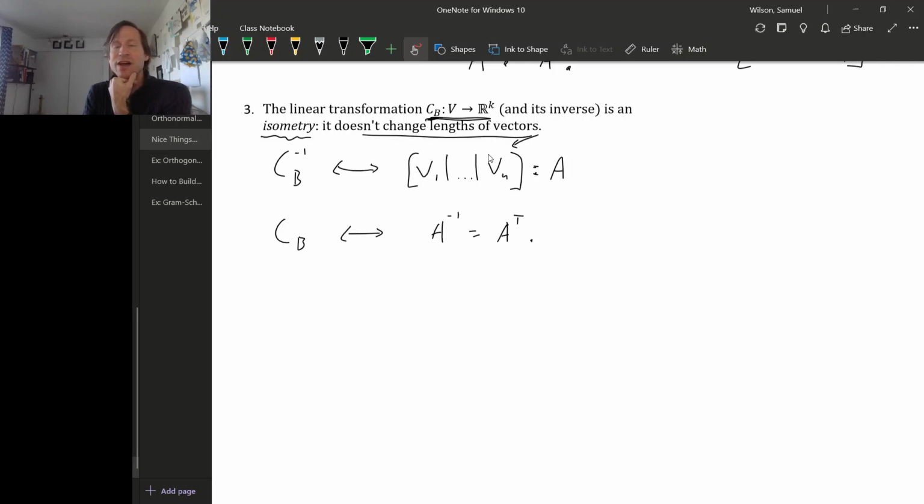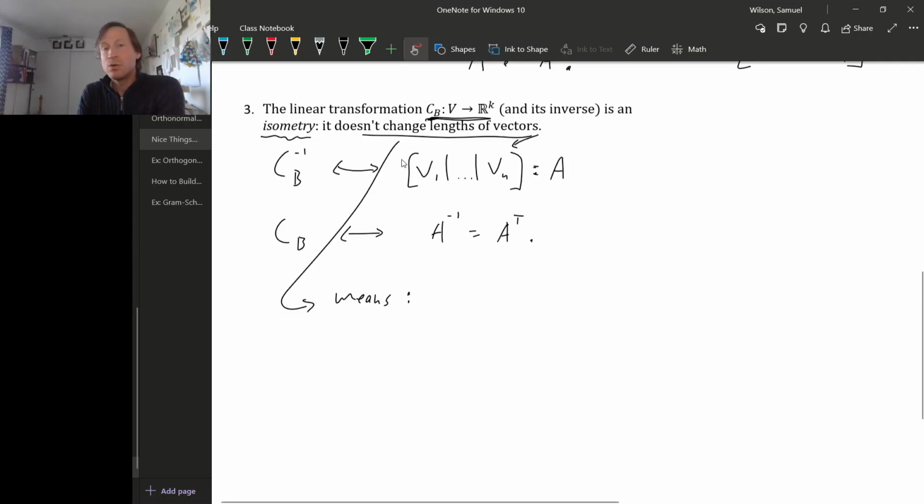Okay, so let's check now that this linear transformation doesn't change the length of vectors. What this really means is that the magnitude of V should be equal to the magnitude after you do this transformation. So let's check what these magnitudes are. It's a little easier to work with the squares of the magnitudes, so let's work with the squares instead.